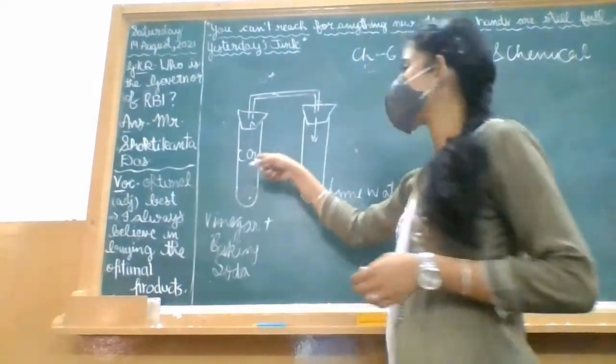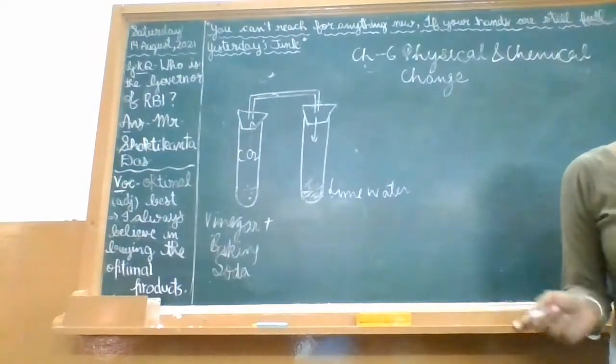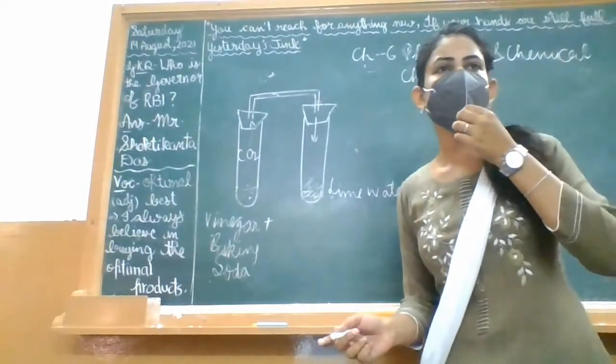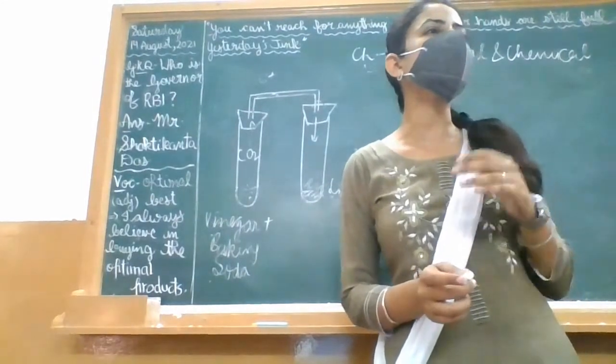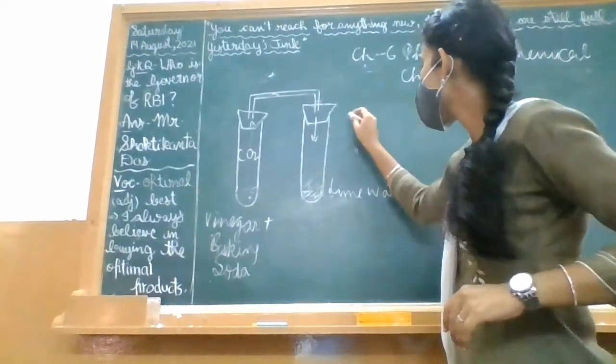So when we pass carbon dioxide through the lime water, it will form milkiness. Okay, and the new product that is formed is calcium carbonate.